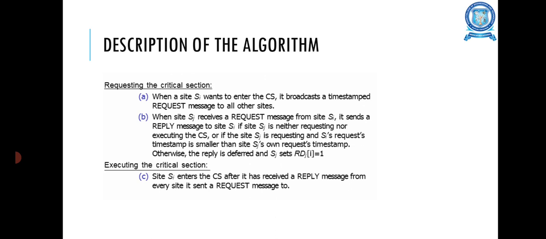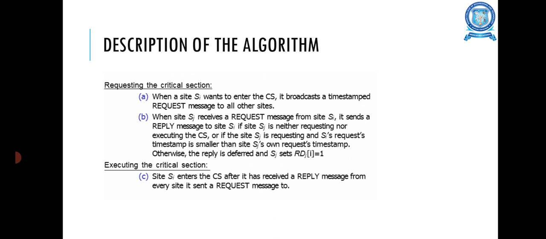When the site Sj receives a request message from the site Si, it sends a reply message to the site Si if site Sj is neither requesting nor executing the CS, or if the site Sj is requesting and Si's request timestamp is smaller than the site Sj's own request timestamp. Otherwise the reply is deferred and Sj sets RDj[i] equal to 1. This is the first part.